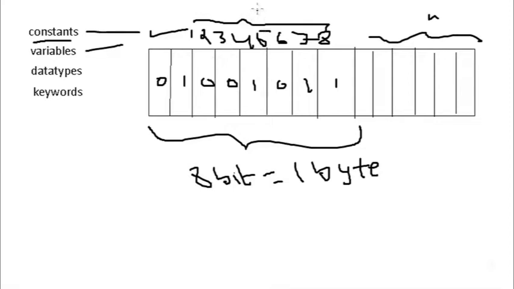For example, let's give a name called x to this byte. So this name given to the memory location is called a variable. So a variable is nothing but the name given to a memory location in order to access it easily.